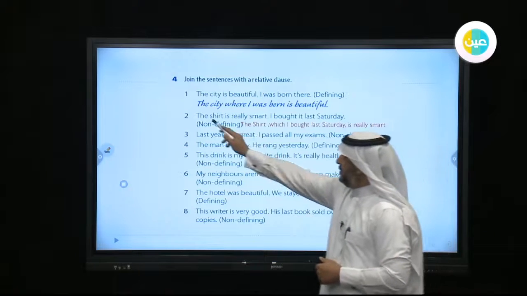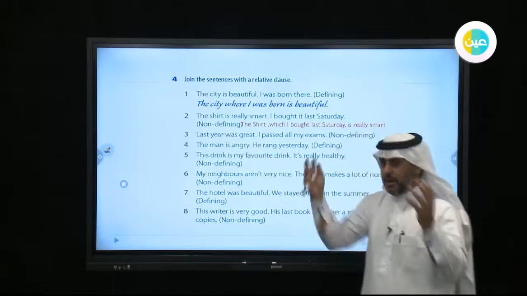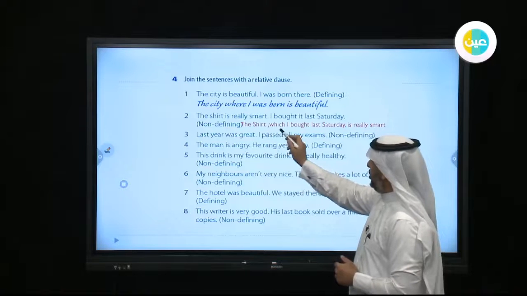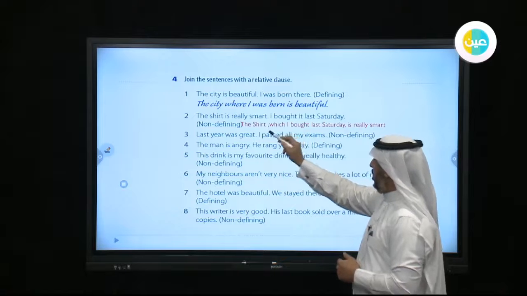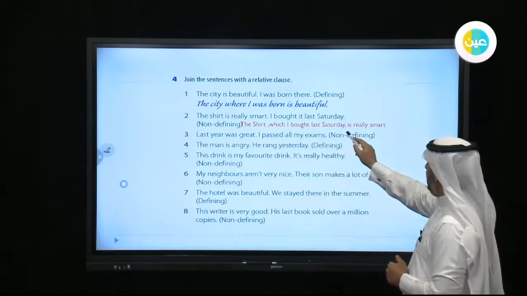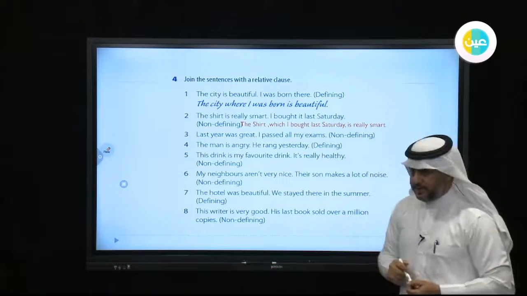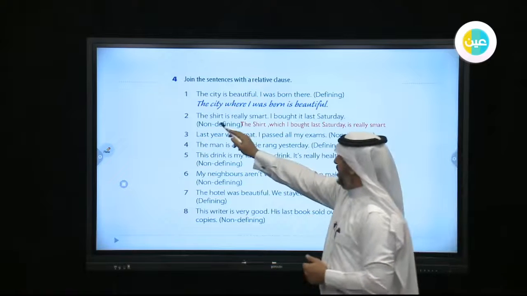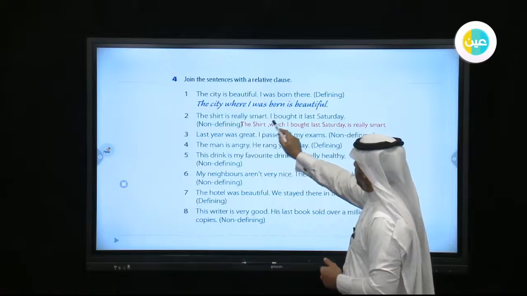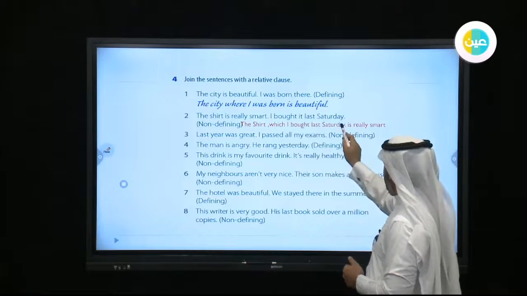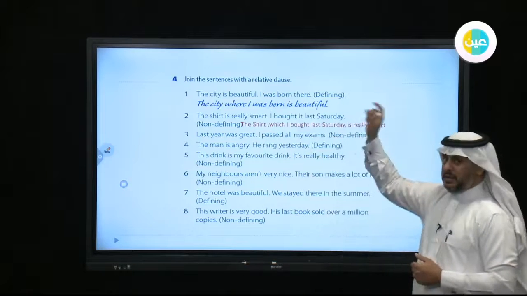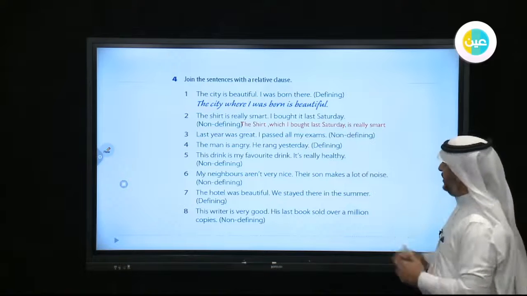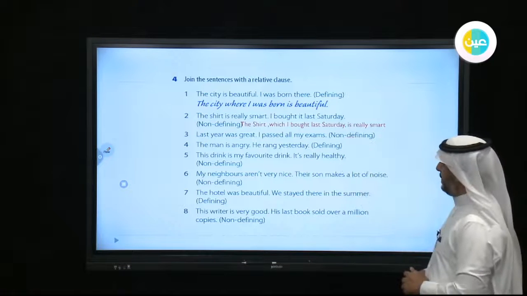The shirt, comma, which I bought last Saturday, comma, is really smart. Don't forget the commas. Again, the shirt which I bought last Saturday is really smart. I can cross out the part between the two commas.